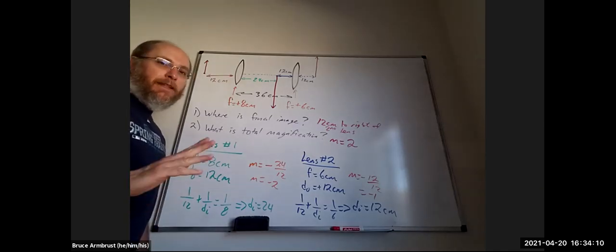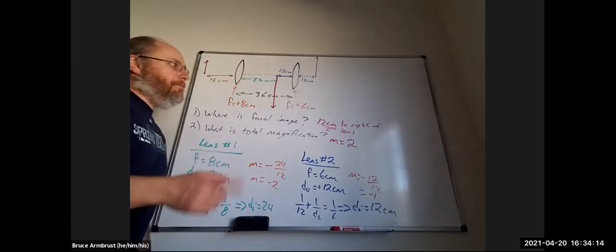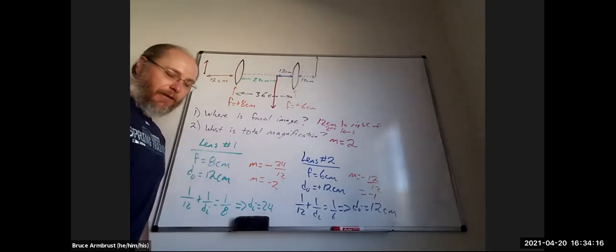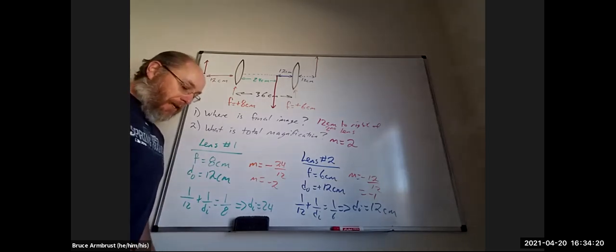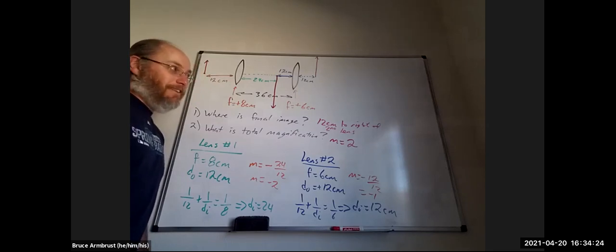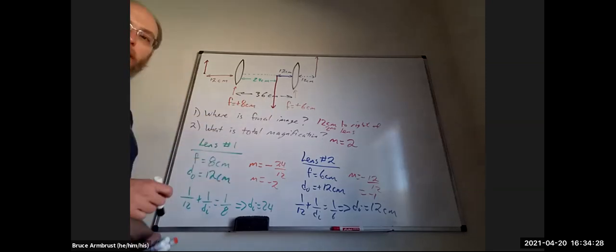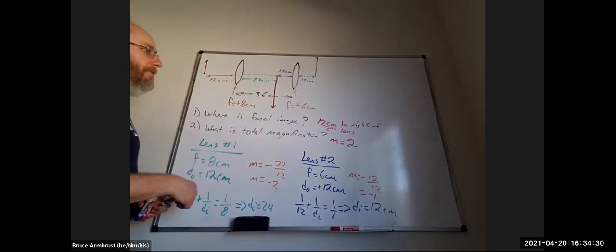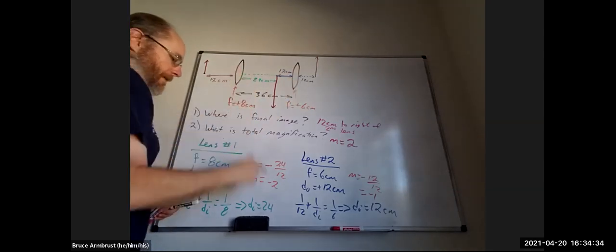Okay, well, before we get more into the other optical devices, let's hit that question, or what I was talking about, where the image from the first lens shows up on the other side of the second lens. So let's just adjust this ever so slightly. Instead of having them separated by 36 centimeters, let me bring it in.